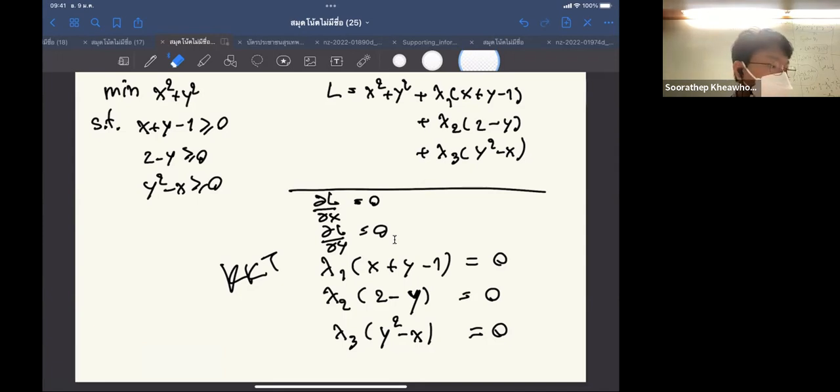And what we have x. Okay, this one is good. So the KKT condition.